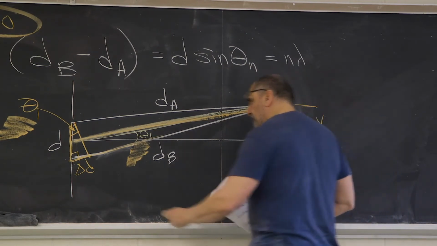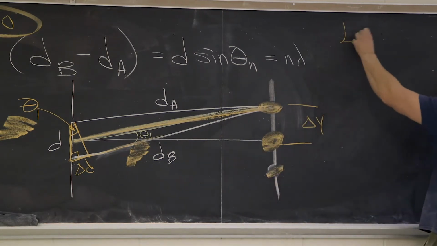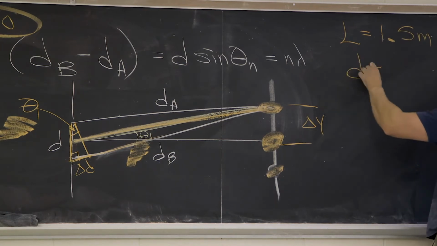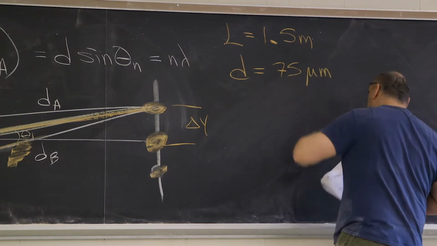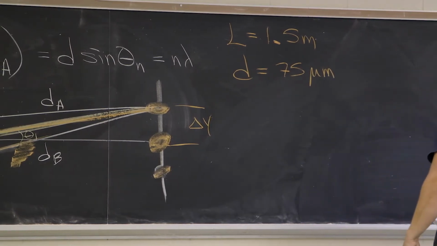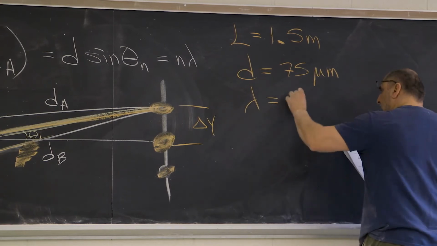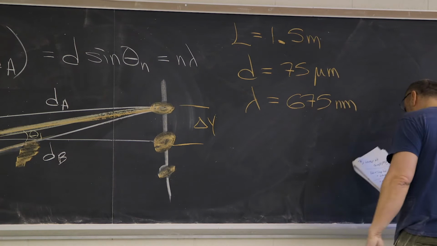They told us L was 1.5 meters, and that small distance was 75 micrometers. The wavelength of the light under consideration is 675 nanometers.